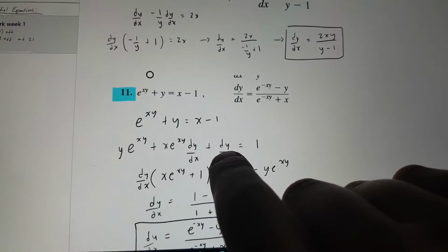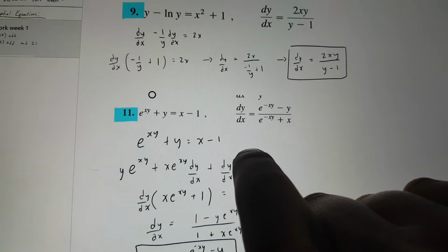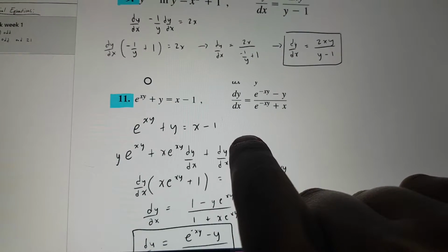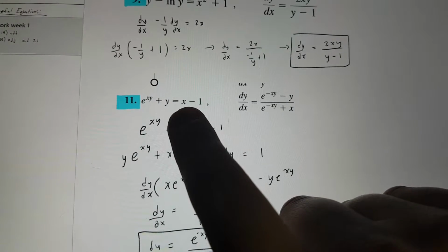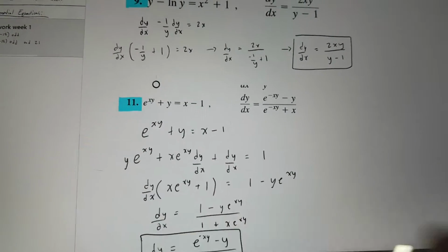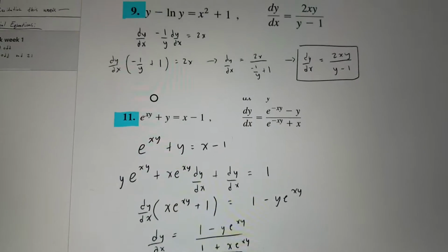Alright, e to the xy plus y minus x equals x minus 1. So this is what dy/dx is. Well, let's take this and just take the derivative with respect to x.